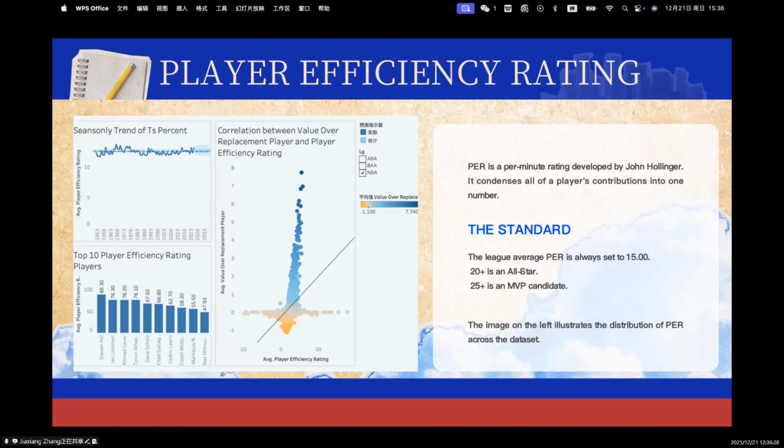PER above 20 typically indicates all-star level performance. PER above 25 is associated with MVP-level impact. This is the distribution shown here. Most players cluster around the league average, while elite PER values are relatively rare.